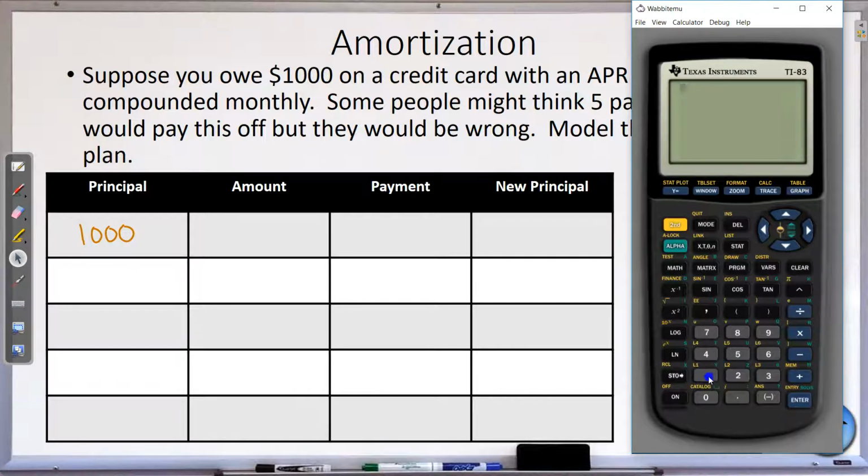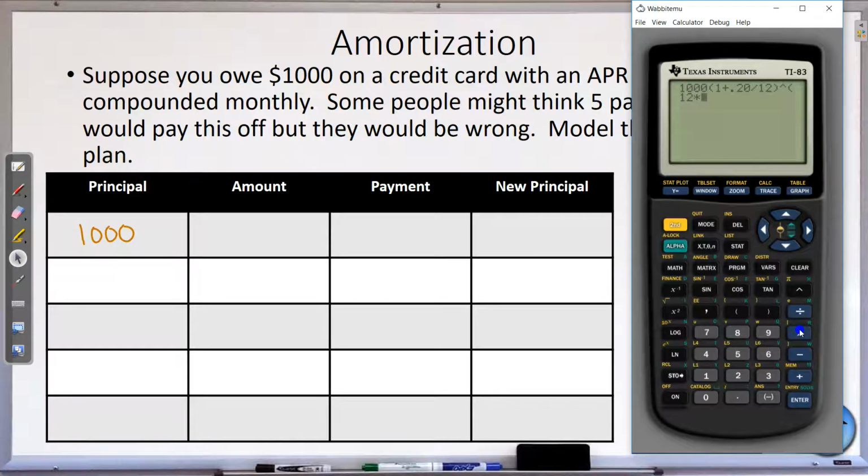So let's do that. That's our compound interest formula. So it's 1,000 times 1 plus our interest rate, which is 20%, divided by the number of compoundings, which, because it's a credit card bill compounded monthly, it's 12, raised to the power of 12 again, times the time.